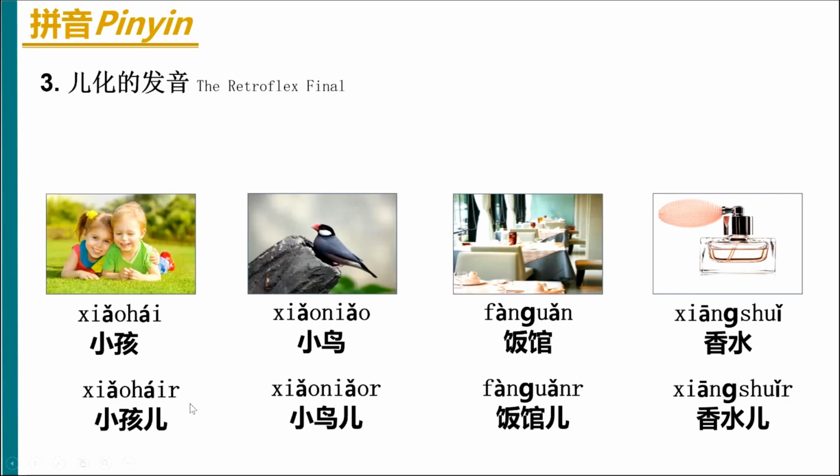This sound is this retroflex final. This retroflex final is not those tone sounds because it is not a change of one single syllable, but it is being added, you see, at the end of a word or at the end of a sentence.